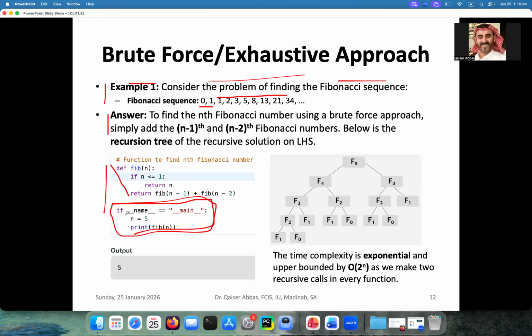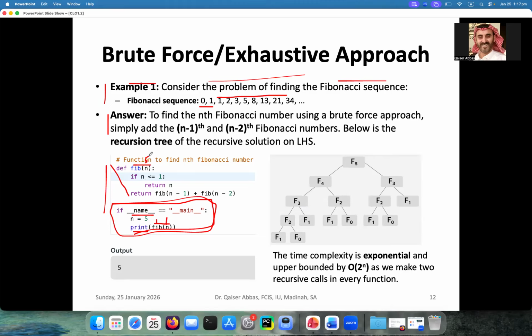Anyhow, here is the underscore name main, which is the main method, and here n is equal to 5, and we are using print, and then fib of n. Fib is the name of the function, and the parentheses give you an idea that it is a function, and you are passing n into it. So you are calling this function with the value 5.